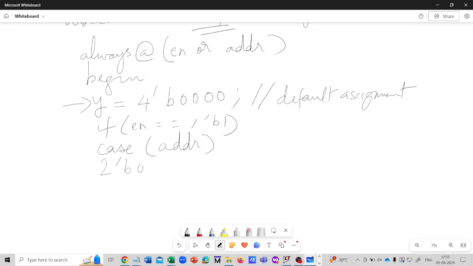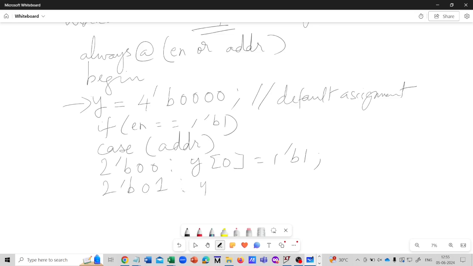Now we get on with the same old sequence. For case 0, y0 is 1. Now we don't have a problem here with y1, y2 and y3 because for this case, the default assignment will be taking effect. Similarly for the other lines.